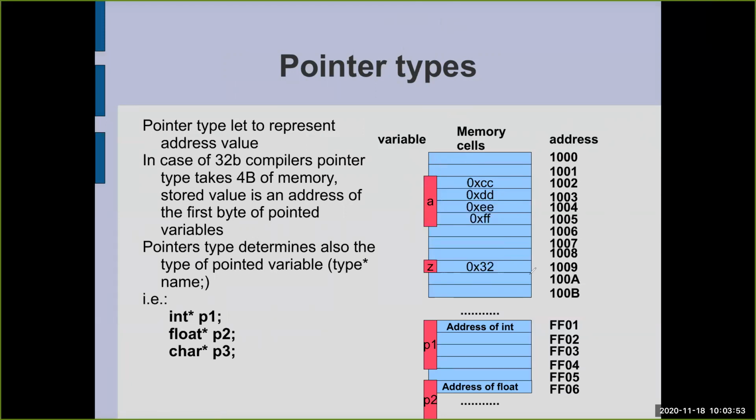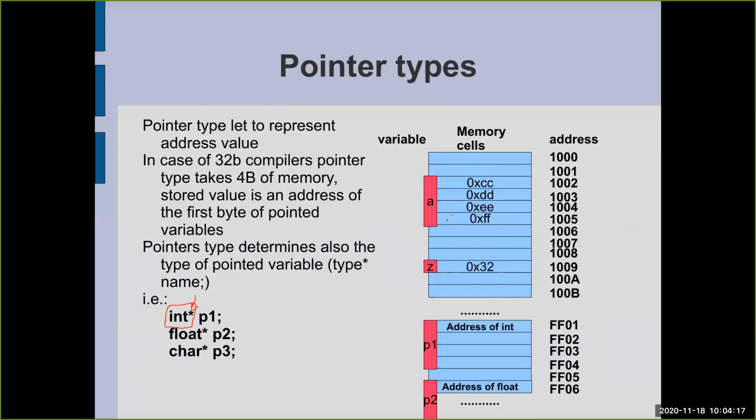But in C and C++, we can create a variable of type int asterisk. This type with an asterisk is called a pointer type. So what is the difference between int and int asterisk?